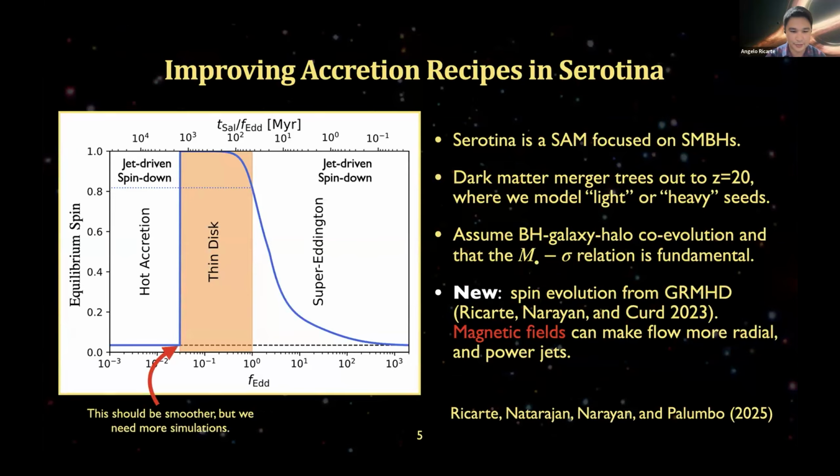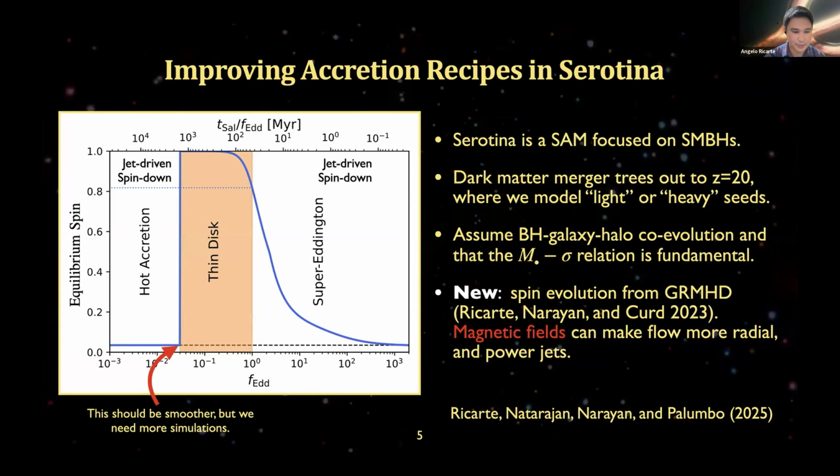For example, in a paper a couple of years ago now, by me, Ramesh, and Brandon Kurd, we looked into MAD, magnetically arrested disk, or strongly magnetized simulations, and studied the feedback power and the resultant equilibrium spin, splitting it up into 3 different modes of accretion: hot accretion, appropriate for things like M87 and Sagittarius A*, a thin disk in between, and then super Eddington, where a geometrically thick disk can start to confine a more powerful jet again. We can take these recipes from GRMHD and then place them into semi-analytic models.